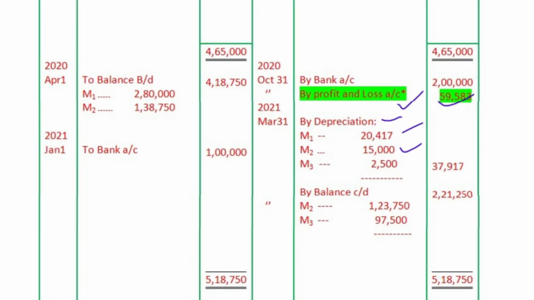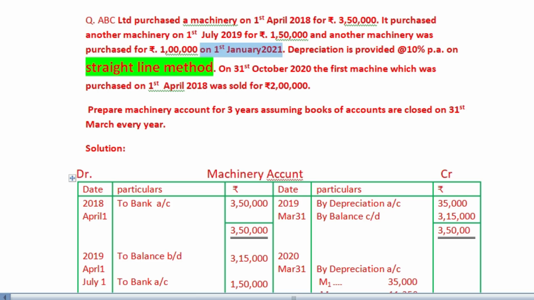All right. And here one more, on January 1, 2021, another machinery was purchased for rupees 1 lakh. And another machinery was purchased on 1st July 2019 for rupees 1,50,000.